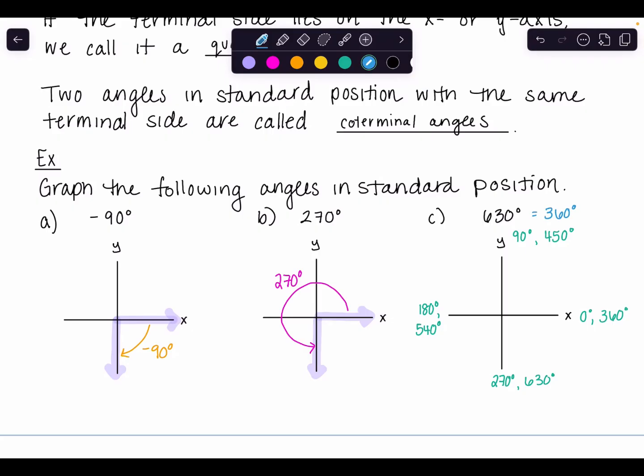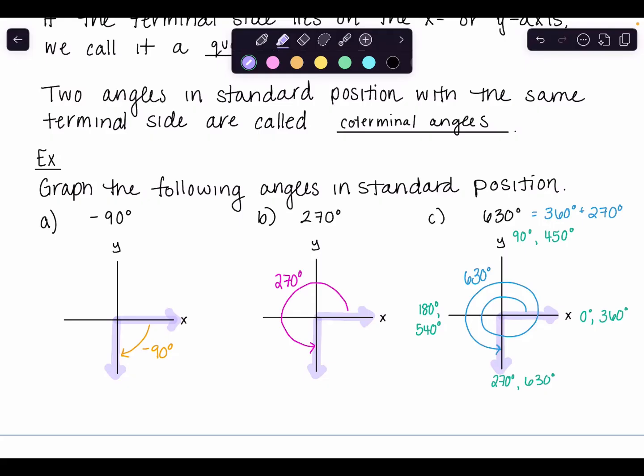So really 630 degrees is 360 degrees plus another 270. Okay. So I still start right here. And then to get this angle, I go around once, which is 360 degrees. And then I keep going again until I land right here.